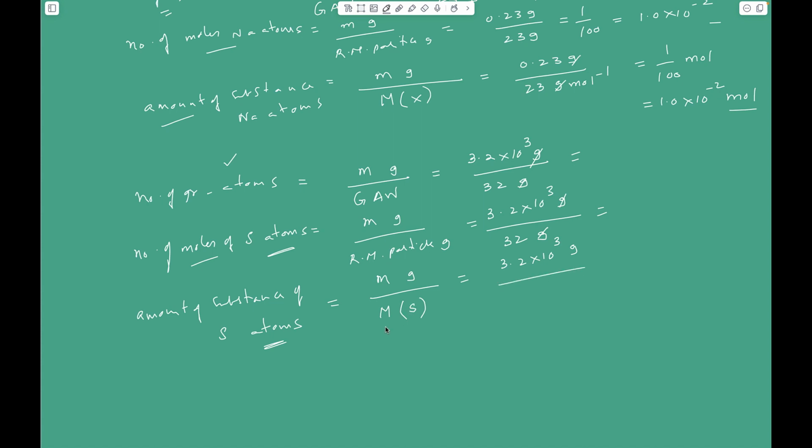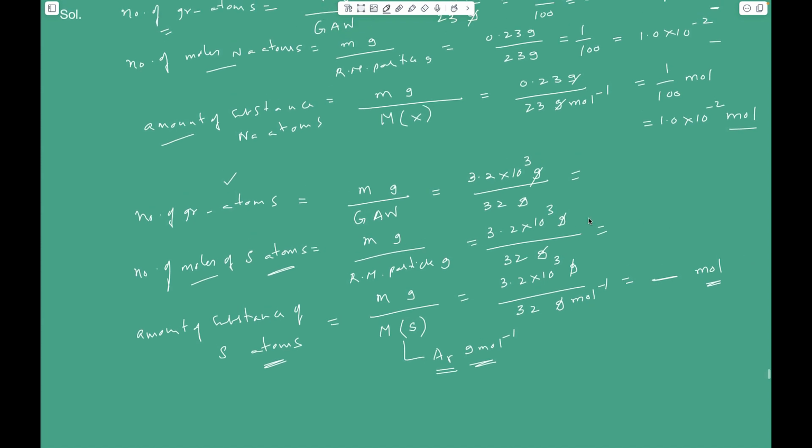Then what is the molar mass of sulfur atoms? It is equal to its relative atomic mass in grams per mole. If you are talking about atoms, then the molar mass is its relative atomic mass in grams. Relative atomic mass of sulfur is 32, so 32 grams per mole. Cancel these two units, simplify this, but remember the answer will have a unit, so don't forget that unit.